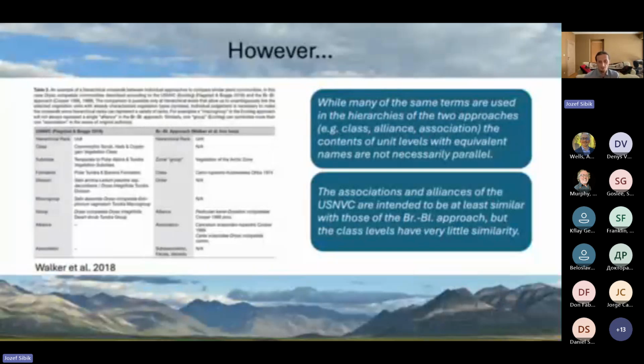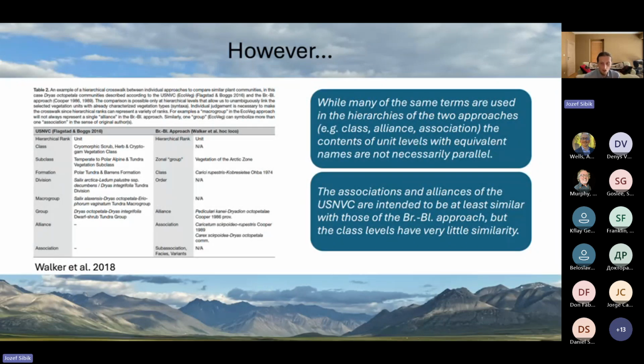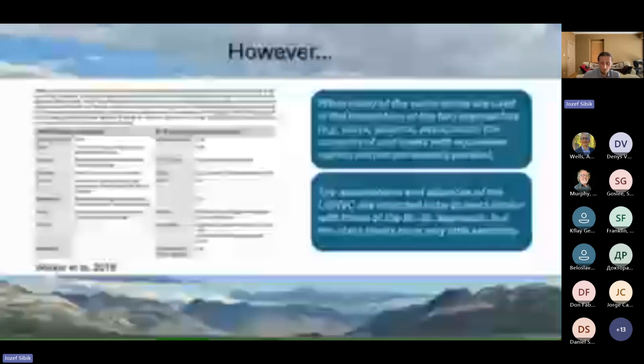And sometimes we are able to do this meaningful crosswalk, sometimes not, but it's okay, because we all are talking different languages, but we have to somehow communicate. And here is an example that sometimes we are not able to find that crosswalk.